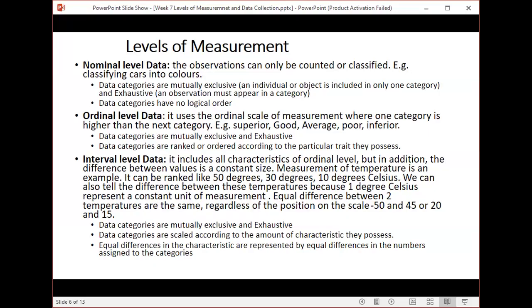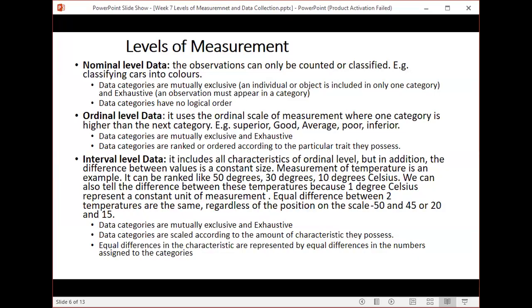So this time around, an example, I'm classifying the cars into categories, but the categories I'm putting them into have order in them. Like say, I want to put cars under superior cars, good cars, average cars, poor cars, inferior cars. Once I'm doing that, what it means is that the superior cars will run on top, followed by the good cars, and followed by the average, the poor, and then the inferior cars.